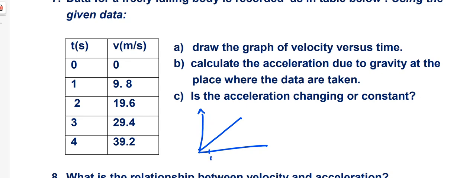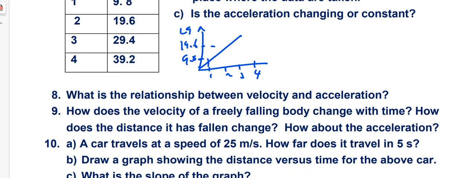This is 1, 2, 3, 4, and velocity is 0, 9.8, 19.6, 29.4, and so on. So you can draw the graph easily using the steps mentioned.